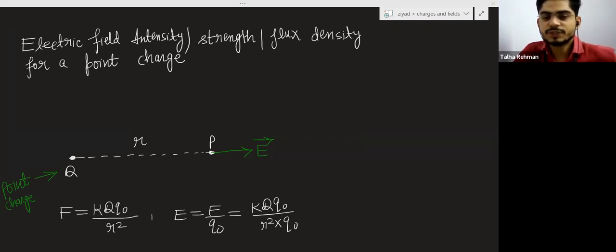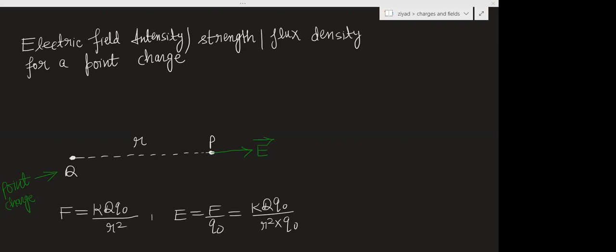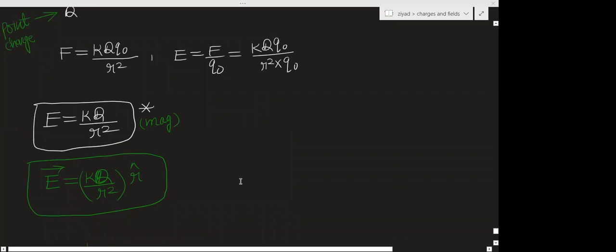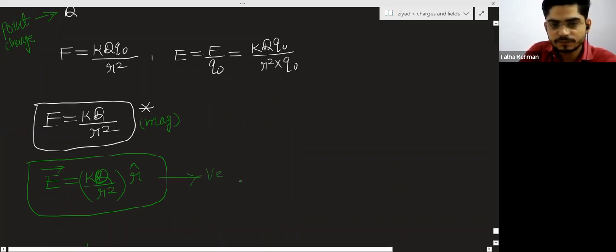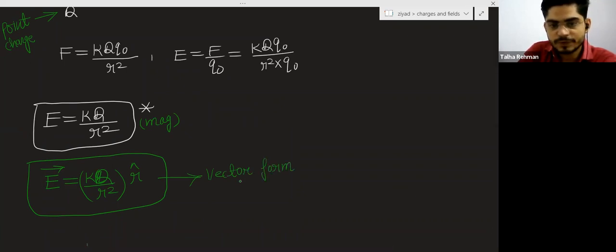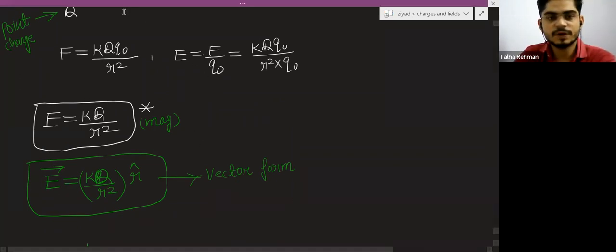I have told you the direction of electric force is the same as that of electric field, meaning in the direction of force there is the direction of electric field. So this is the formula for calculating electric field, and this is the vector form of electric field. These things we have already discussed.